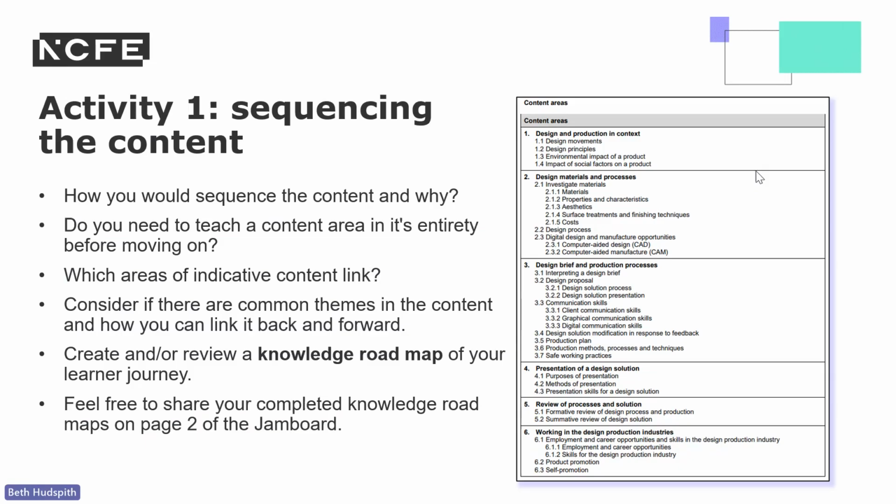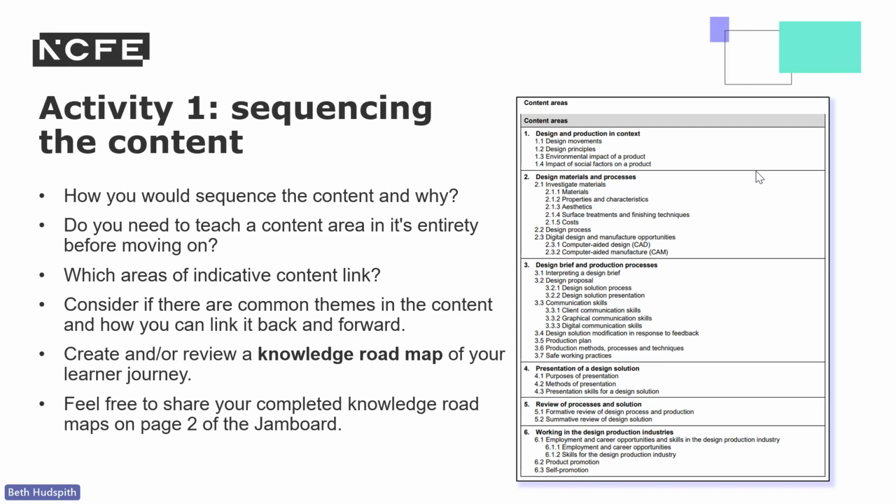Perhaps this would be a good opportunity to look at activity number 1 together. Thanks, Emma. Let's get our thinking hats on. For this activity, I'd like you to think about how you would sequence the content and why. Consider if you need to teach a content area in its entirety before moving on, and which areas of the indicative content link.